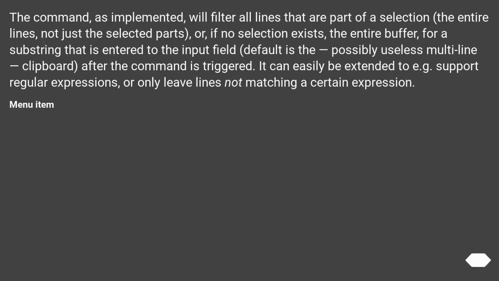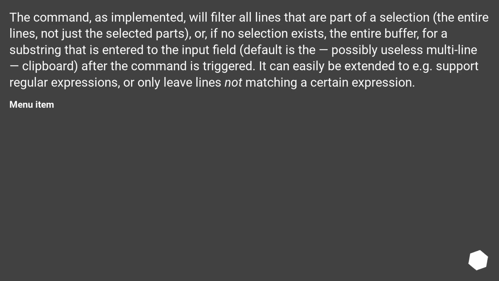The command, as implemented, will filter all lines that are part of a selection, the entire lines, not just the selected parts, or, if no selection exists, the entire buffer. For a substring that is entered into the input field, the default is the possibly useless multiline clipboard after the command is triggered. It can easily be extended to, for example, support regular expressions, or only leave lines not matching a certain expression.